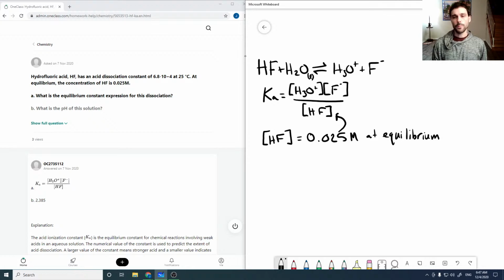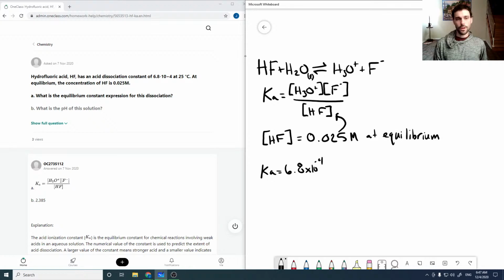There's a difference between if we're given our initial concentration or our equilibrium concentration. So that's good. And our Ka is given in the question as 6.8 times 10 to the minus 4.